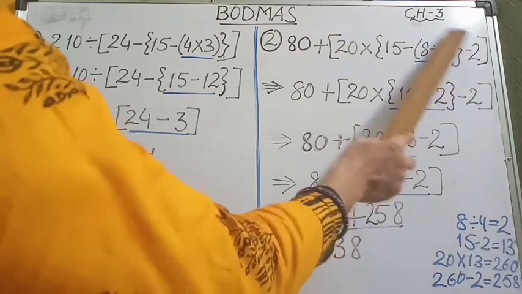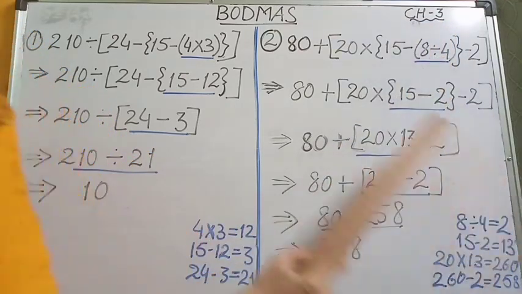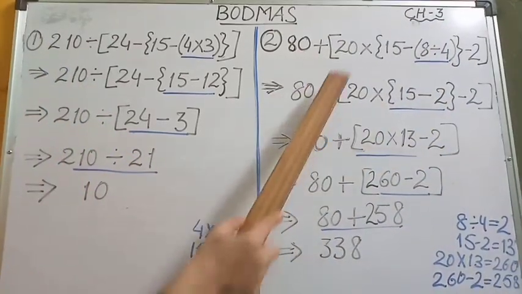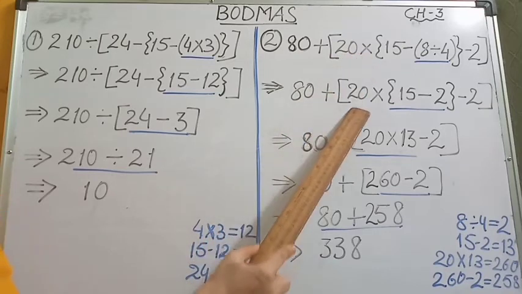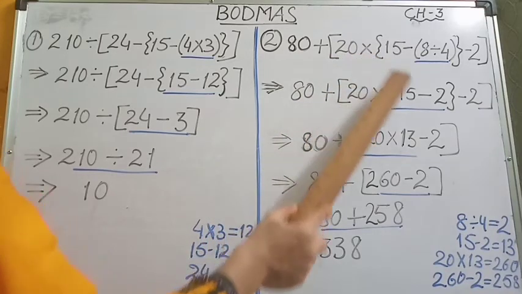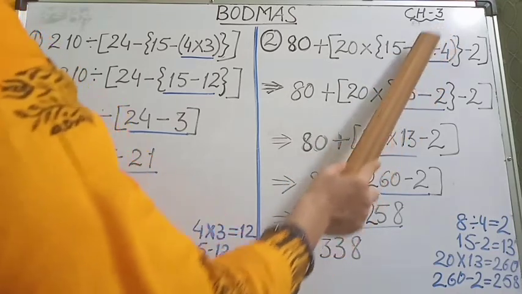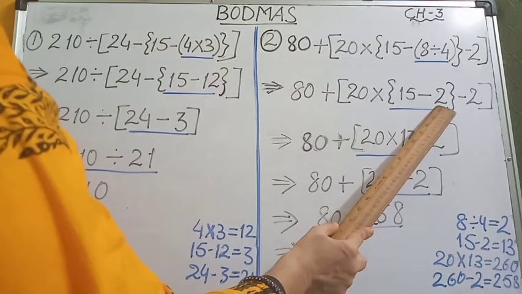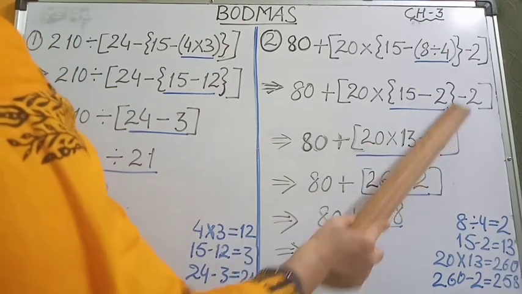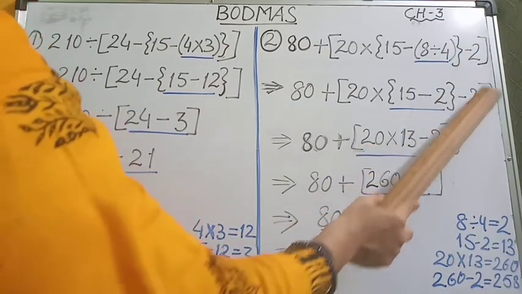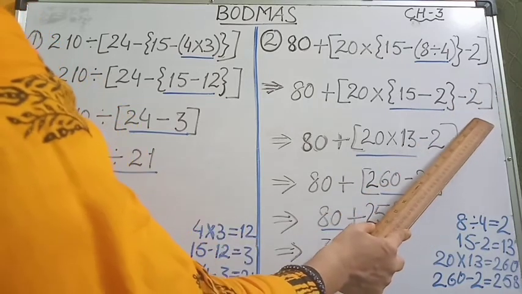So in place of this common bracket we will write 2. So 80 plus square bracket 20 multiplied by curly bracket 15 minus 2, then curly bracket close, then minus 2, then square bracket close.